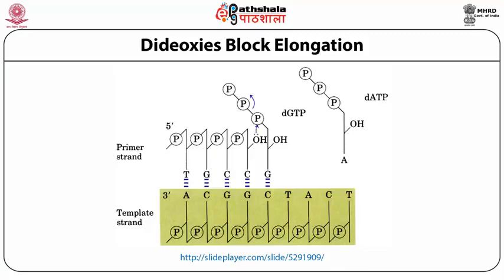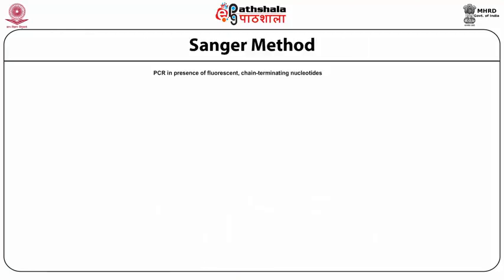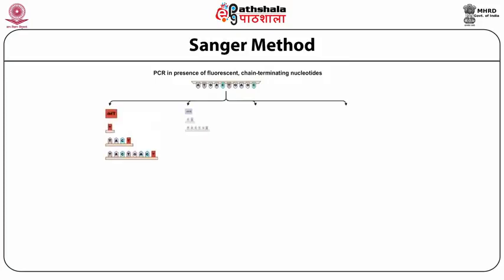So the chain will terminate wherever this ddNTP is inserted. In this image, the cycle will stop where this ddGTP is inserted because it doesn't have the required 3' OH group.